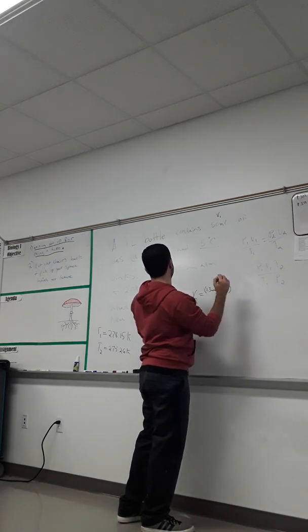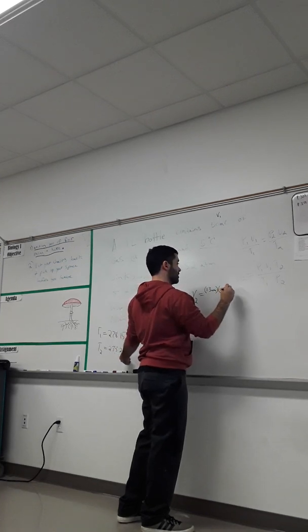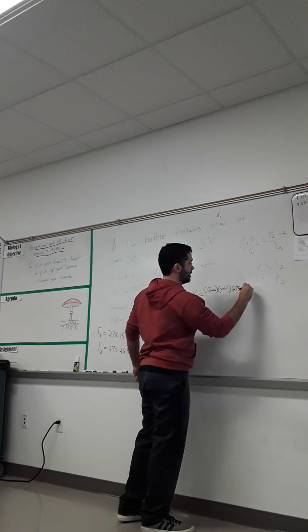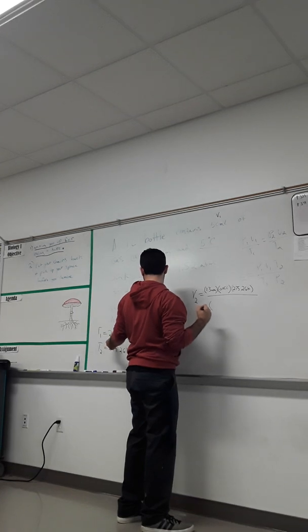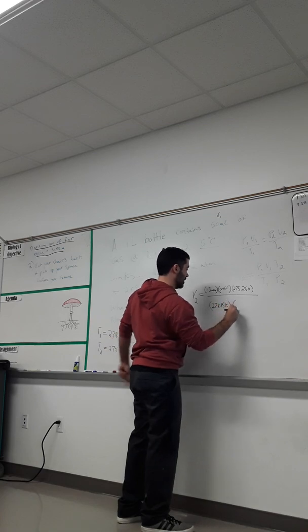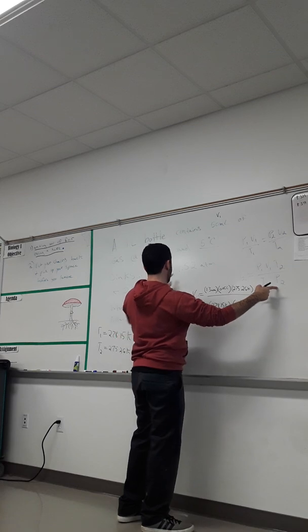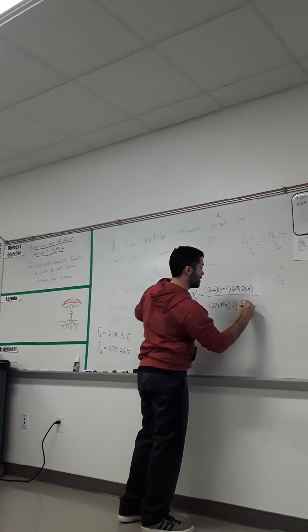So T2 is 275.26. Now all that divided by T1, which is 278.15. And P2 is 1.52 atmospheres.